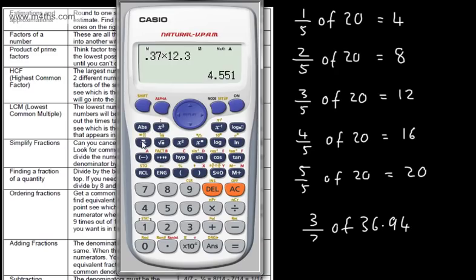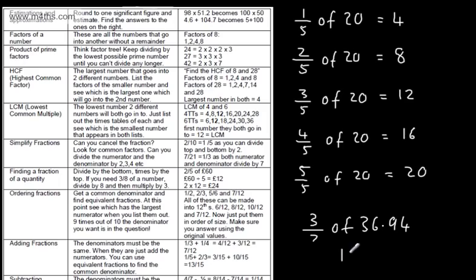So what I'm going to do is get my fraction button, 3 over 7, and when we're talking about of, we're talking multiplication. Of means multiply. So all I'm going to do is do that, and that gives me, pressing my S to D button, 15.8, and that's correct to 1 decimal place. So 15.8, and I'm just going to write 1 decimal place.